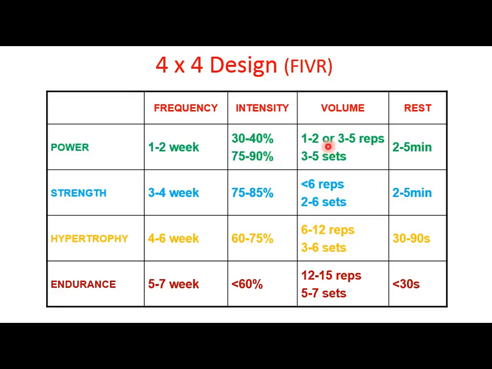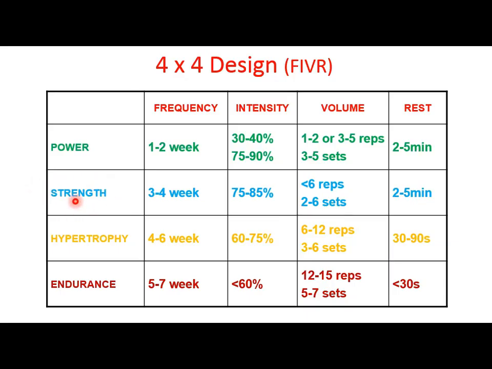The volume might be 1 to 2 or 3 to 4 reps at the low end, 3 to 5 sets on the high end, with rest intervals of 2 to 5 minutes. Note that the more intense, as we spoke of in the rest slides, the more intense you're lifting, the longer the rest needs to be. If the person's main goal is to increase strength, right?